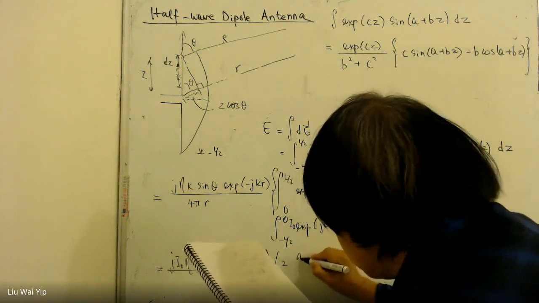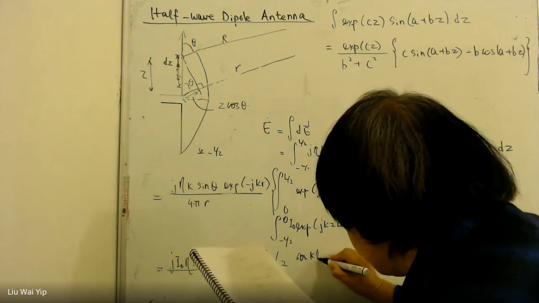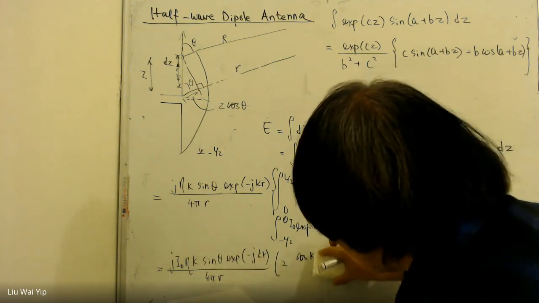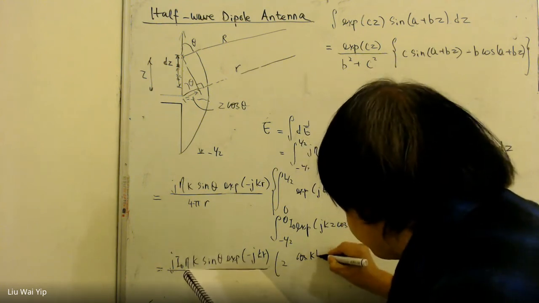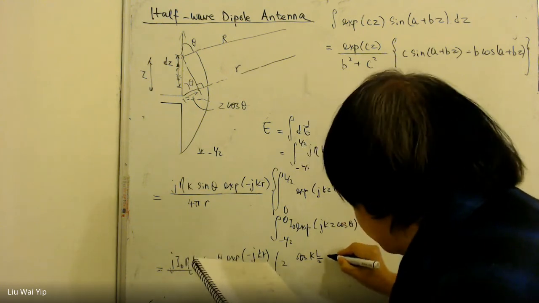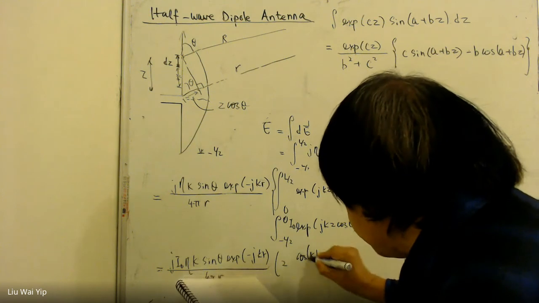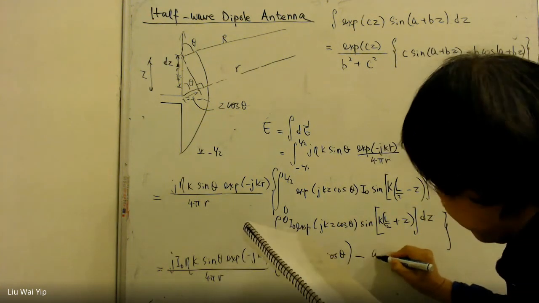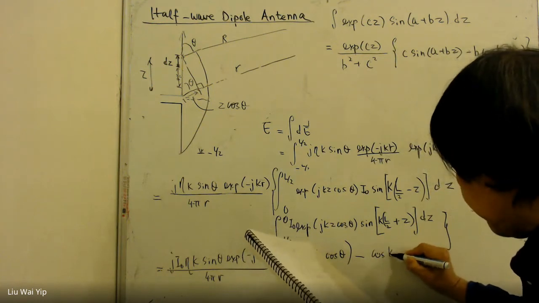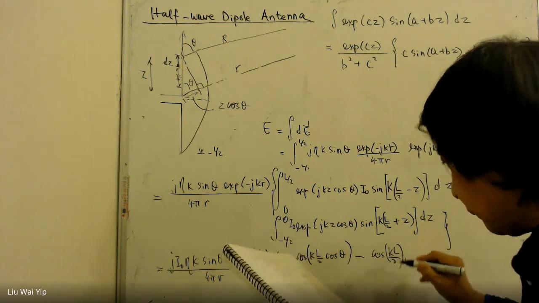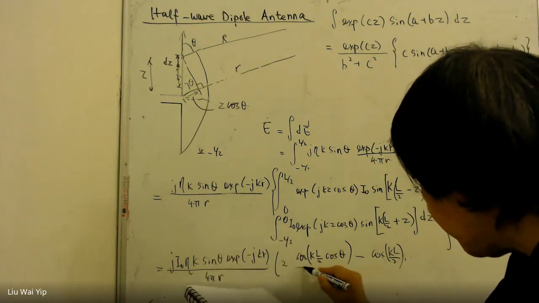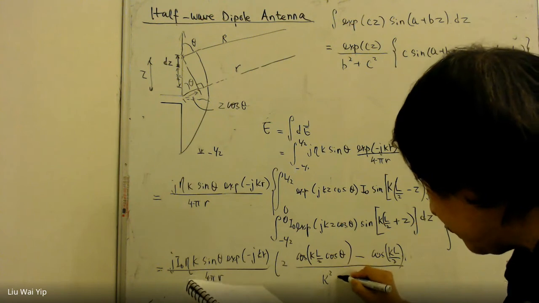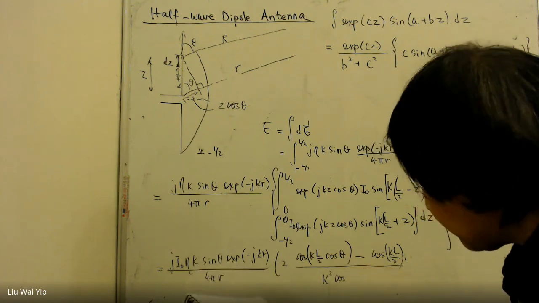2 and then cosine KL over 2 and then cosine theta minus cosine KL over 2 and then divided by K square cosine sine square.